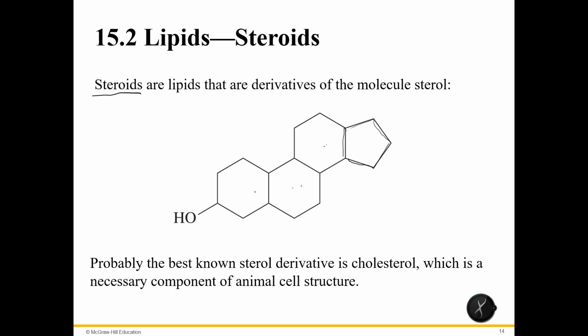So this whole structure here indicates a steroid, all right? So that's what you're looking for. If you see something that has this type of setup, it's going to be a steroid. And probably the best known one is cholesterol. So again, you hear the "ol" ending, you ought to be thinking this part, and then this part makes it a steroid.